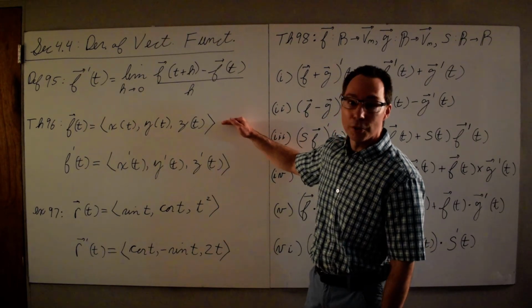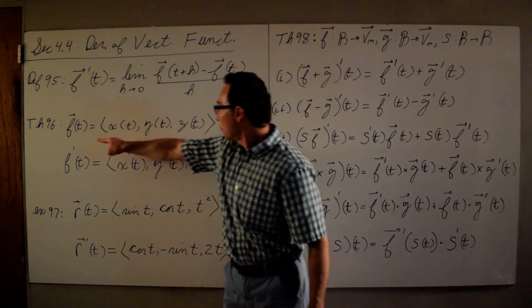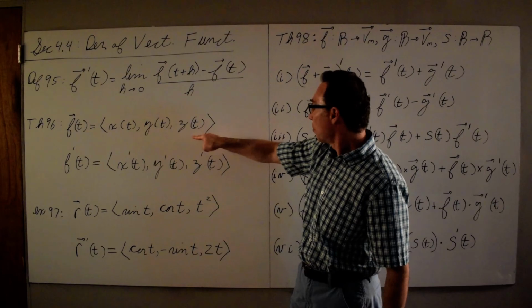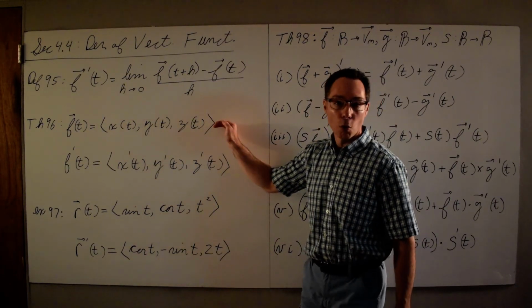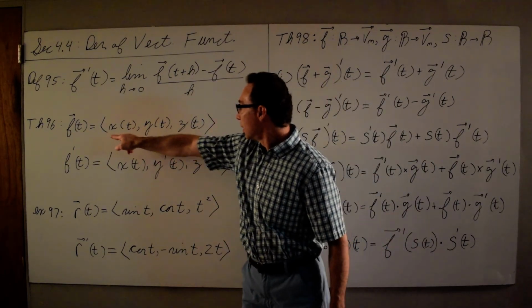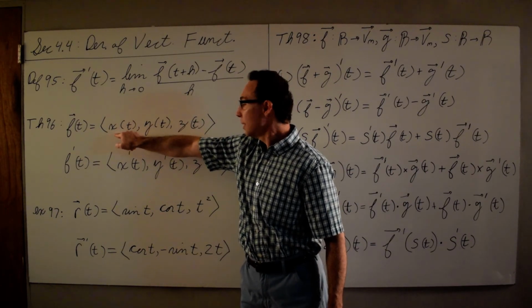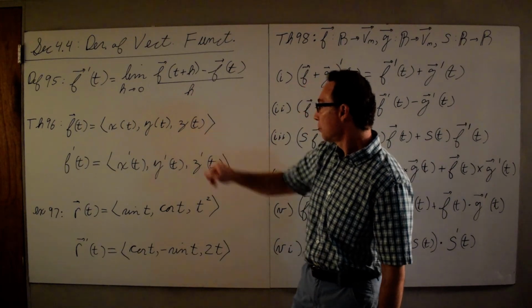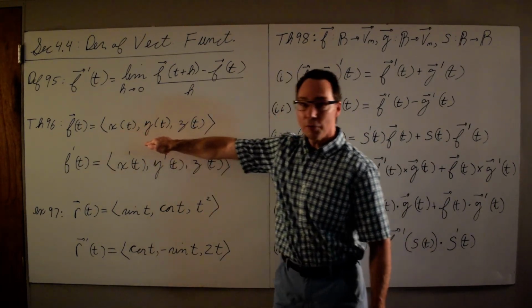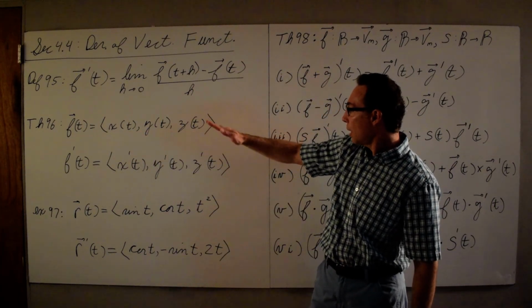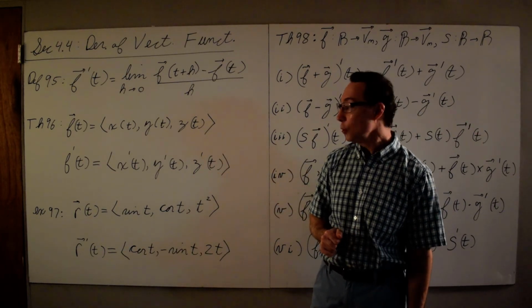What's nice is Theorem 96. If you define a function in terms of components, and there's nothing magical about 3, it's just that we generally work in V3 and R3 in this class, so f of t is x of t, y of t, z of t. If all three of these functions are differentiable, then f is differentiable and the derivative is what you want it to be.